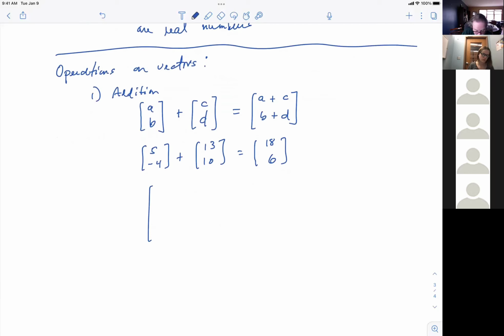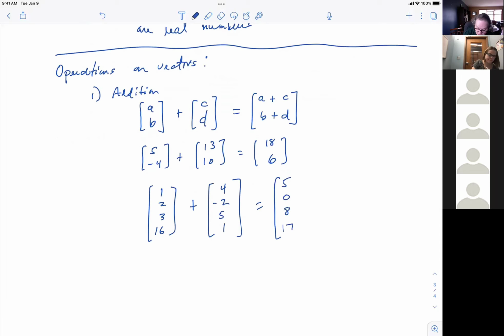If I had (1, 2, 3, 16) plus (4, -2, 5, 1), still same idea. 1 plus 4 is 5, 2 minus 2 is 0, 3 plus 5 is 8, 16 plus 1 is 17. So you just add whatever numbers are in the same position.